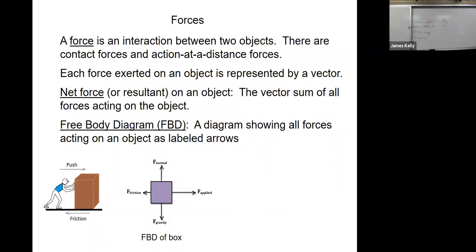So we've got the applied force being pushed to the right. I know it's a little small to see in the back there. The friction force, we'll find out, always pushes back against the direction. When two surfaces are sliding against each other, the friction force on the sliding object is opposite the direction that it's sliding against the surface.